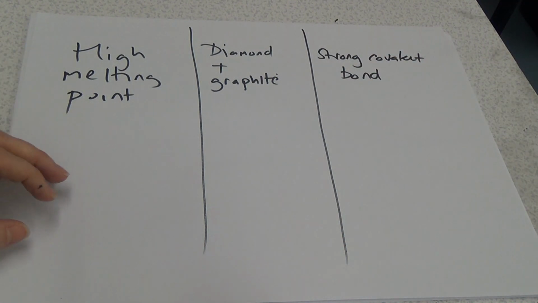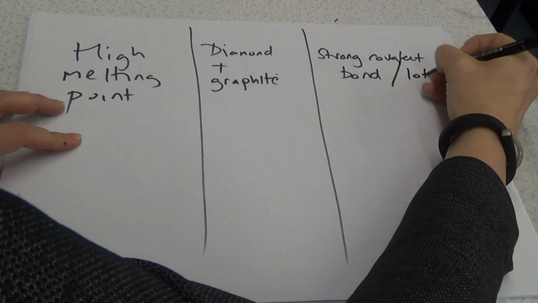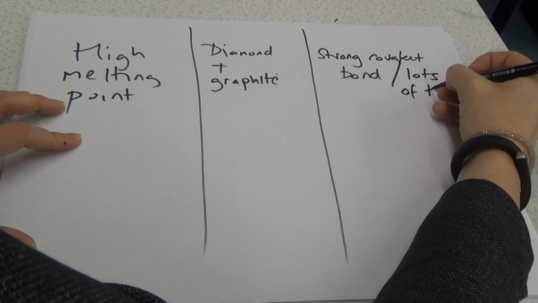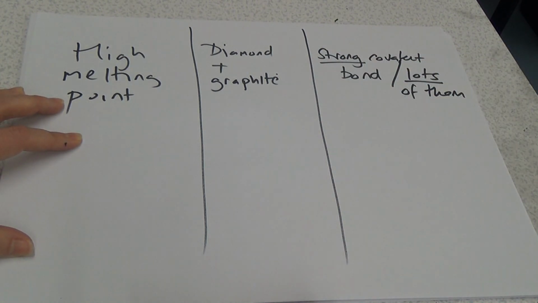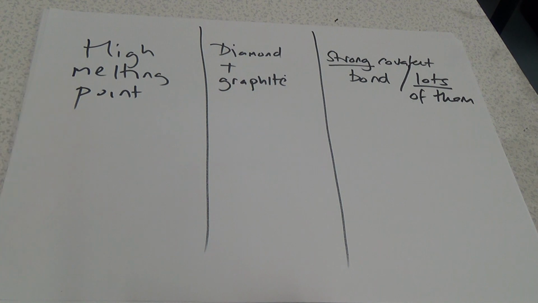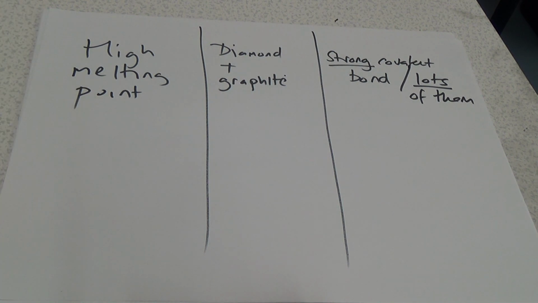And the fact is that you don't have 1 or 2 of these covalent bonds to break if you're going to melt that substance. You actually have lots of them. So it's the strength and the fact that you have lots of them that basically means that the amount of energy you are going to need to break those bonds is going to be very, very high. So that's one property they share.